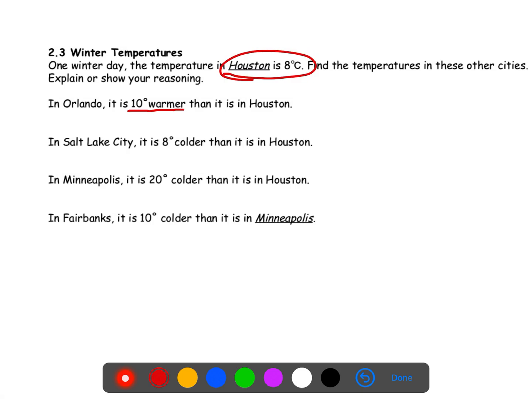So I could write out a number sentence, an addition equation for that. I would start with my Houston temperature of 8. It's getting 10 degrees warmer, so I want to use a positive quantity, a positive number 10 there to add to that. And that's going to equal 18. So Orlando would be 18 degrees.